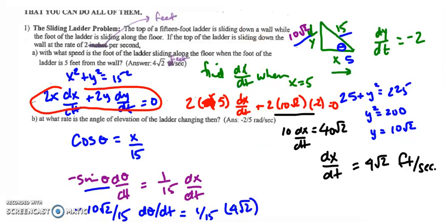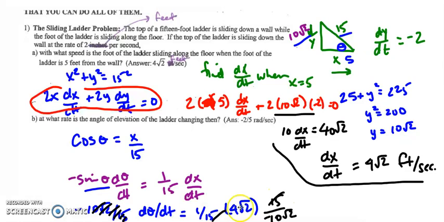So now I need to multiply that all out. Let's see, if I multiply both sides by 15 over -10 rad 2, this piece will go away. My 15s cancel, my rad 2s cancel, and I'm left with 4 over -10, which is -2/5 radians per second.